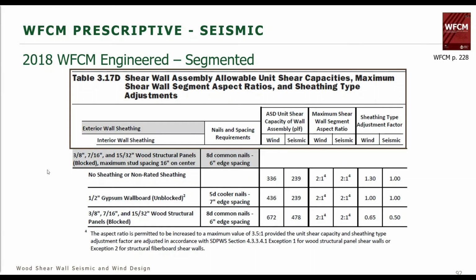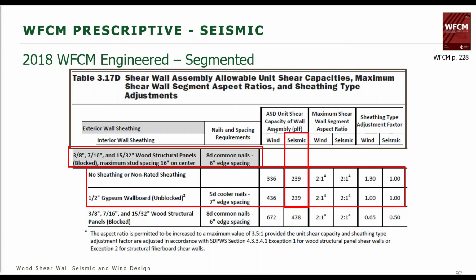Okay, once we get our design load or our demand on our building, we go back to our table, which is 3.17D. And now instead of doing a sheathing adjustment factor to adjust the length, we look at what is the capacity of our shear wall.